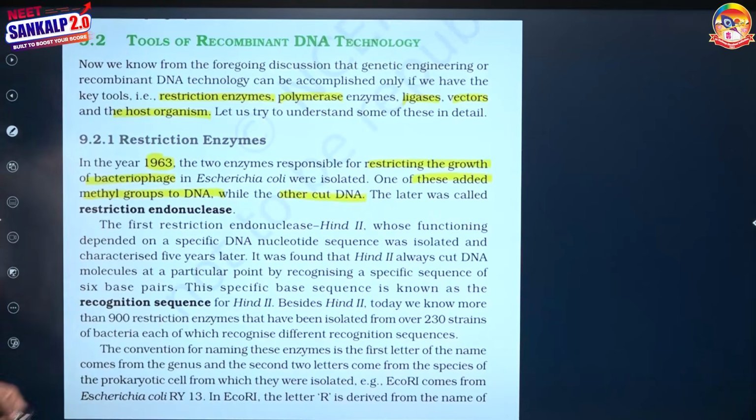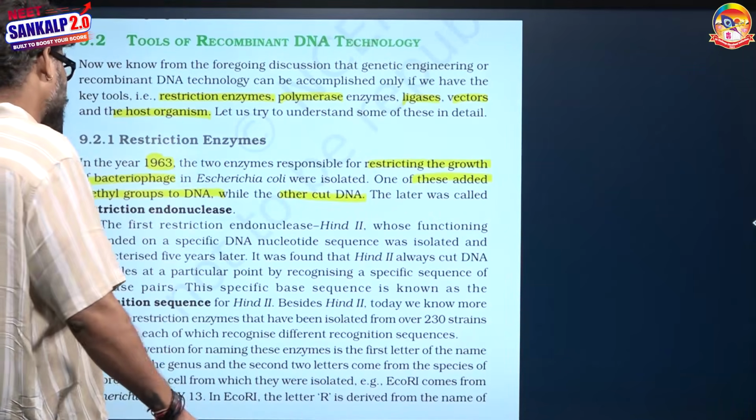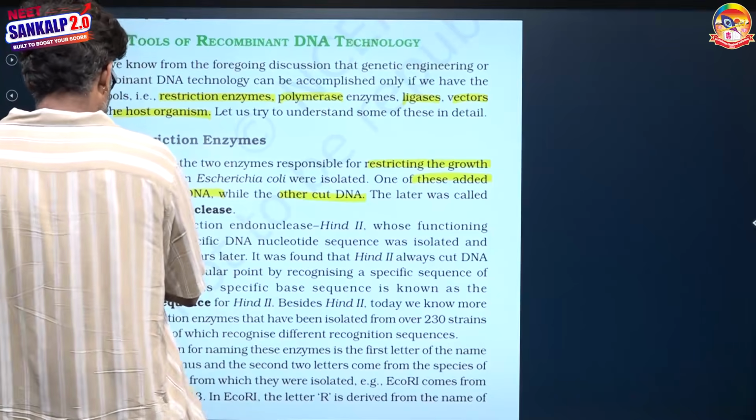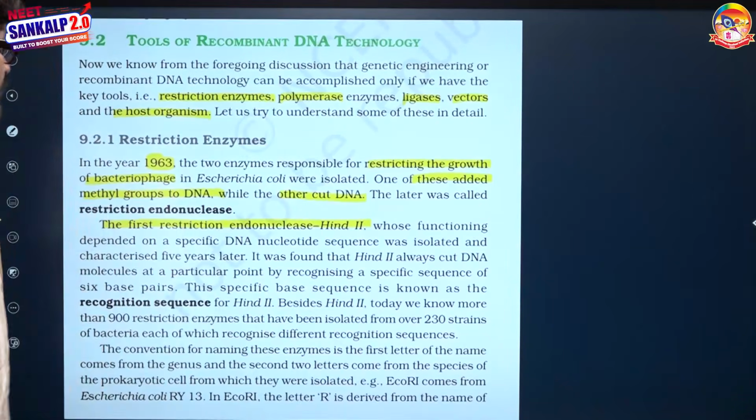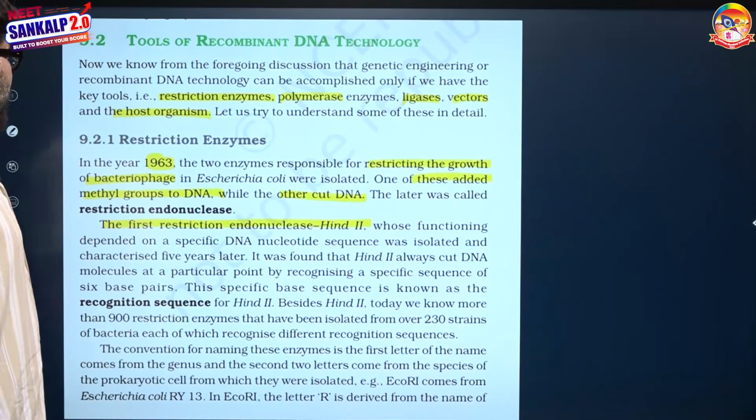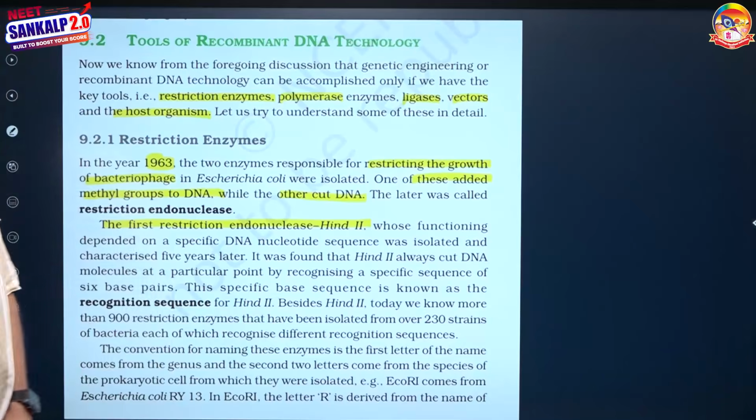The first restriction endonuclease, HindII, whose functioning depends on a specific DNA nucleotide sequence, was isolated and characterized five years later, in 1968.